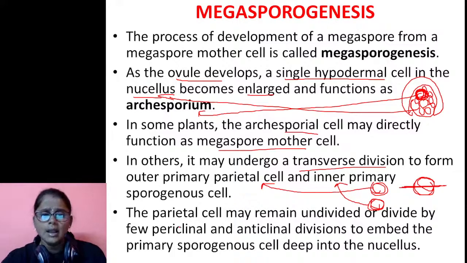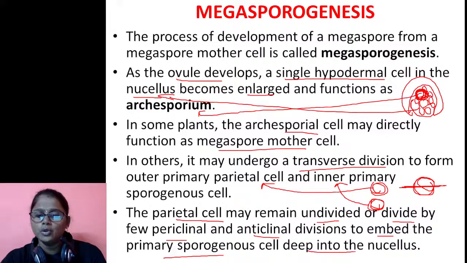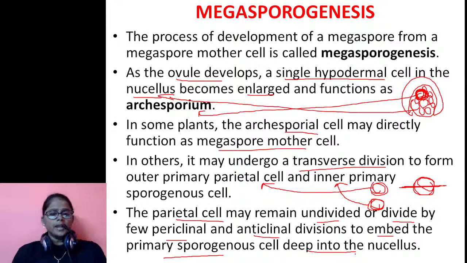So the primary parietal cells either remain undivided or sometimes divide by periclinal or anticlinal division, and they embed the primary sporogenous cell deep into the nucellus. Since these parietal cells keep dividing, what do the sporogenous cells do? They get pushed, towards where? They are pushed deep into the nucellus. Then the sporogenous cells that are buried like this later develop into the megaspore mother cell.